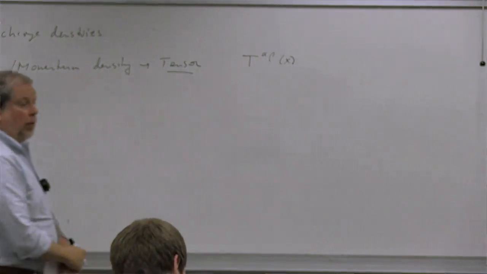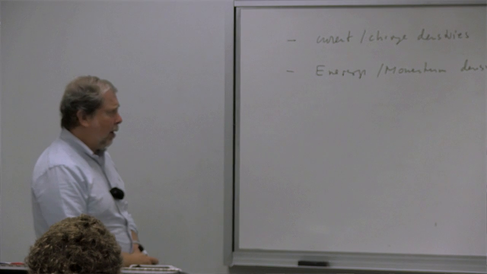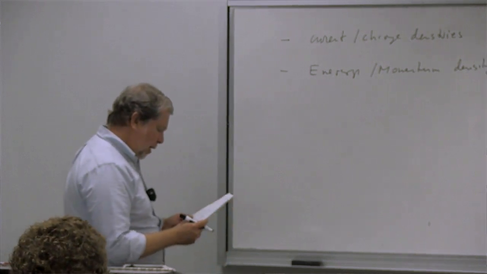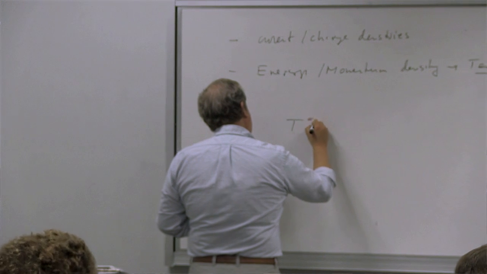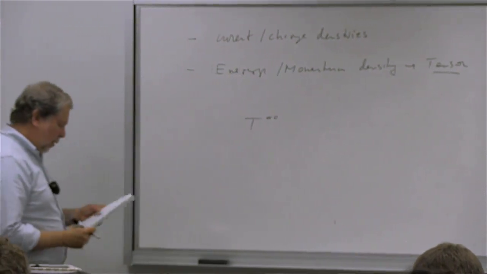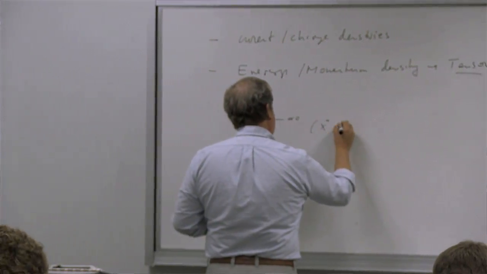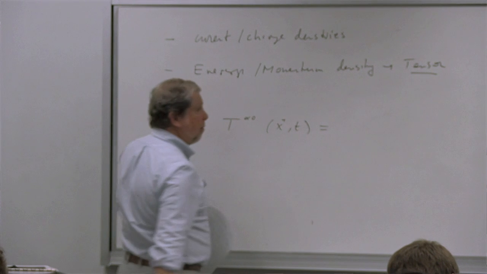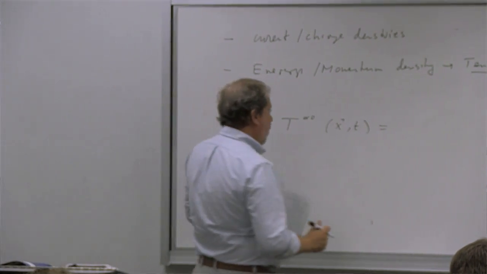And so what we have to try to do is determine what its components look like and what kind of conservation law, if any, applies to it. And so the first thing is that T alpha naught. So let's first look at the naught component, T alpha naught of x and t. It's going to look a little bit similar to what we had for electromagnetism, right?